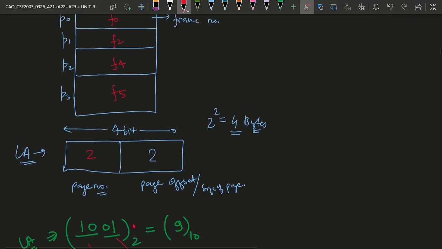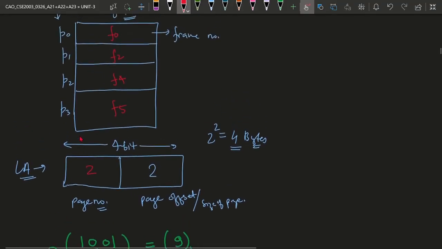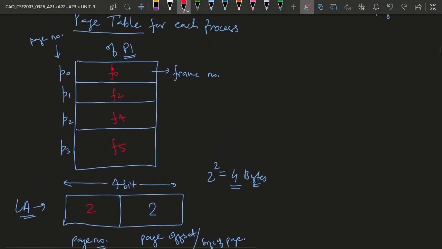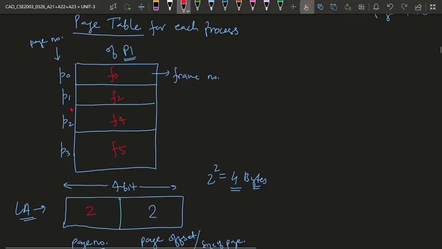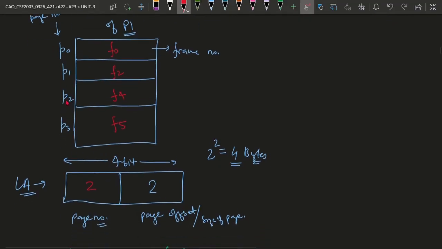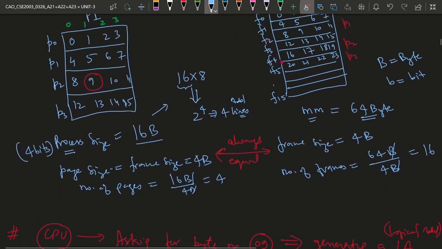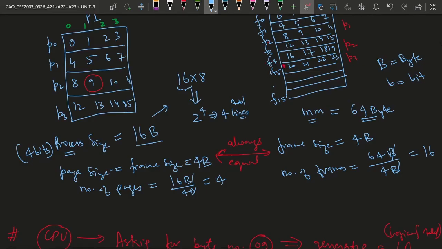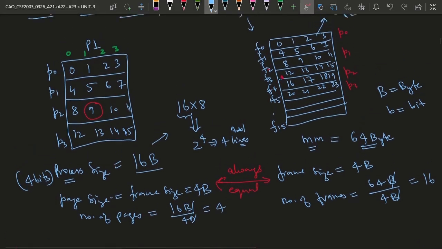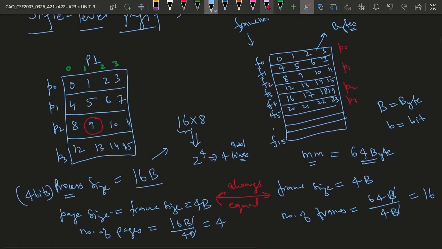But where this page number 2 is stored in the main memory, we need to see from the page table. Into this page table, page number 2 is stored at frame number 4. So we need to move to frame number 4, and at frame number 4 we go with the index value 1.